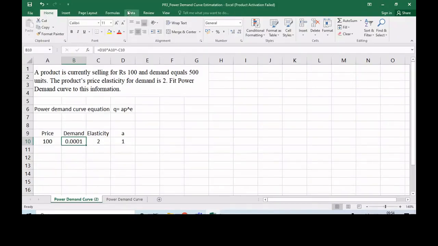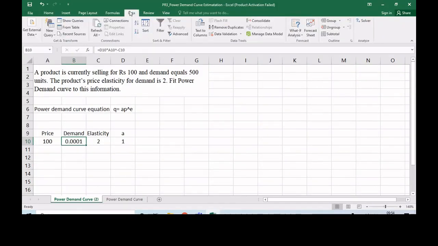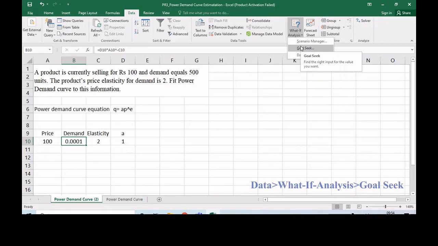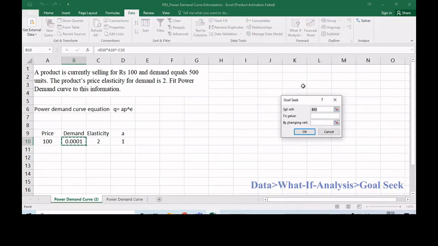So what we are going to do is go to the Data menu and look for What-If Analysis. In What-If Analysis, if you click, you will get the Goal Seek function. That is the second one. Click on that.